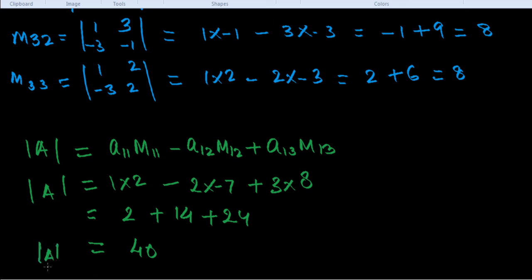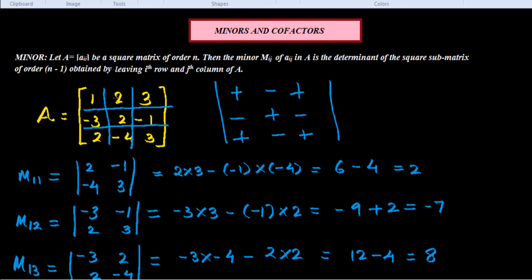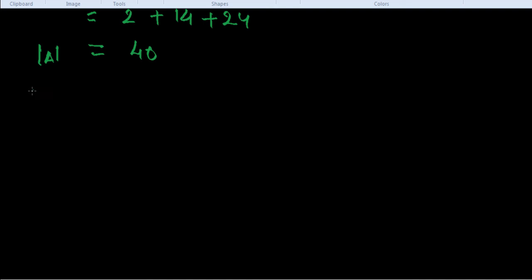We could easily find out this value through any row or column. Now I will explain with some other column. For the second column, if we take determinant of A through the second column, it is A12 M12.